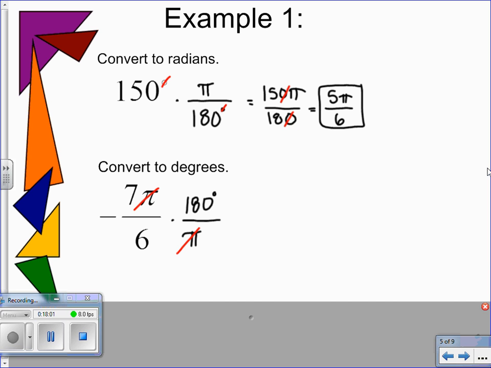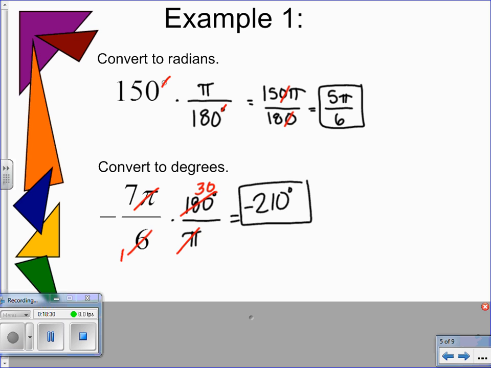Or you could keep canceling if you didn't have a calculator. I can cross cancel, 180 and 6 are both divisible by 6. So 6 divided by 6 is 1, and 180 divided by 6 is 30. So I'm just cross canceling there. And then all I would have to do is take negative 7 times 30, which is negative 210.